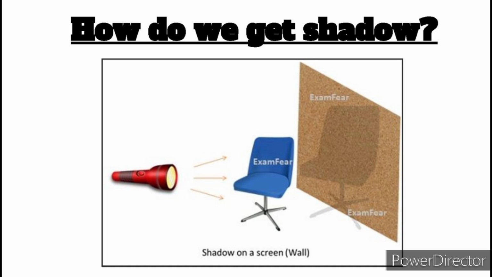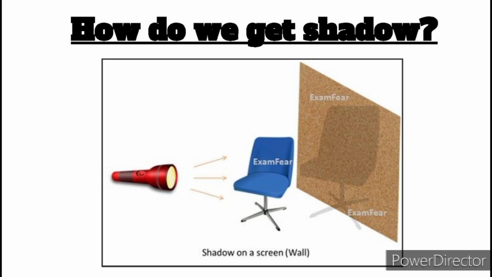In the way of light there is an object called chair. So the object's shadow is falling on the screen. So when there is an object in between a light source and a screen, we get shadow.